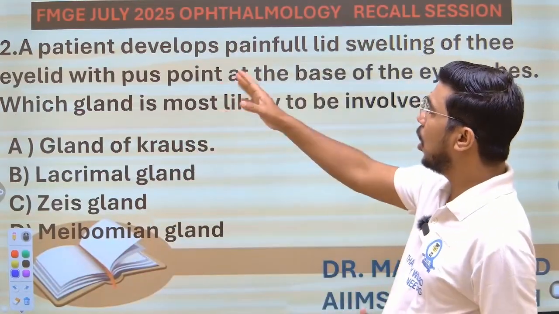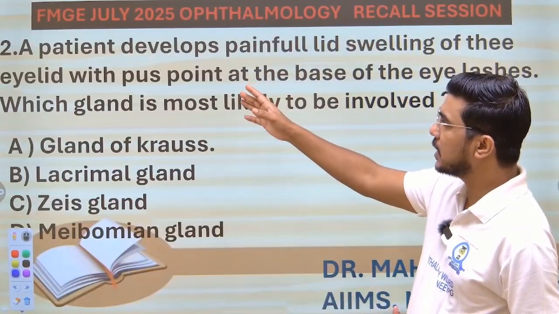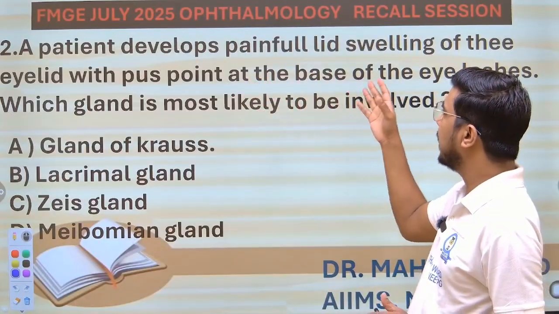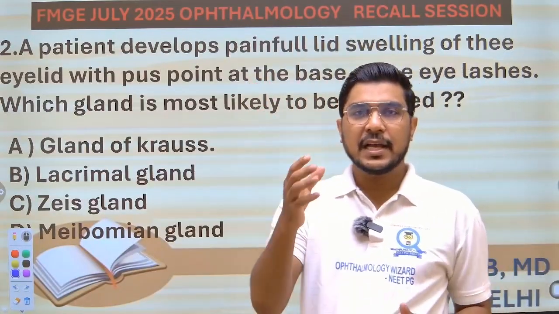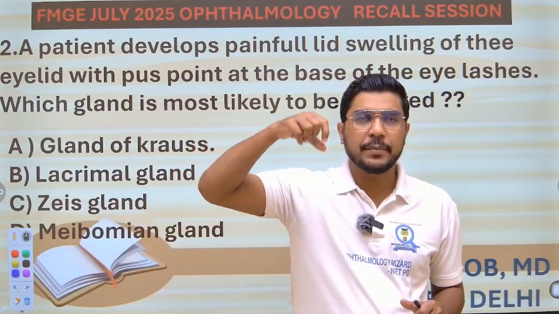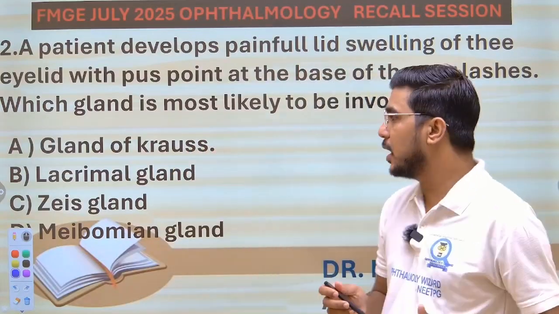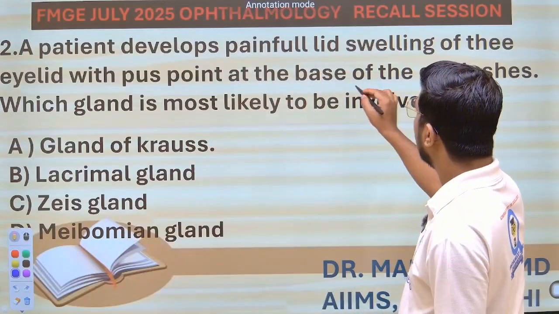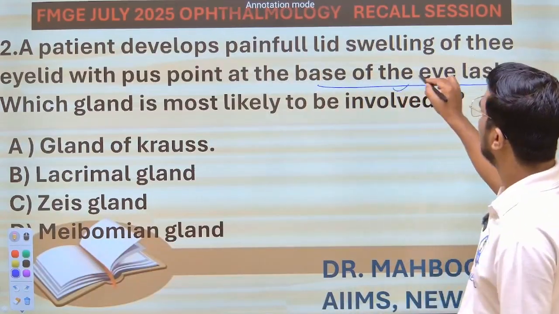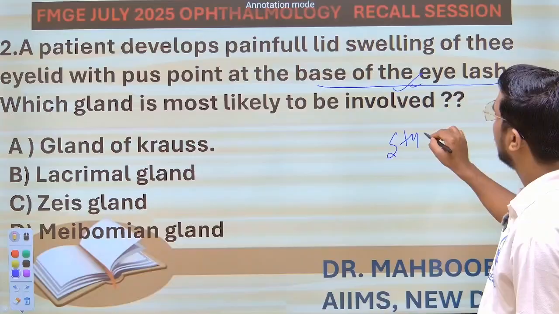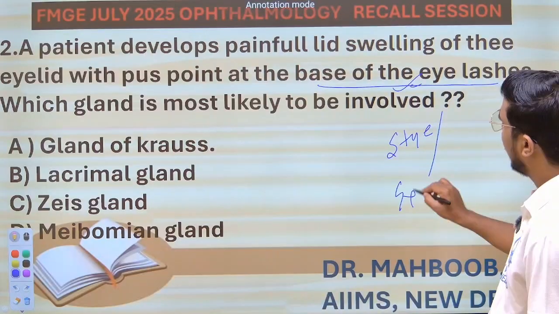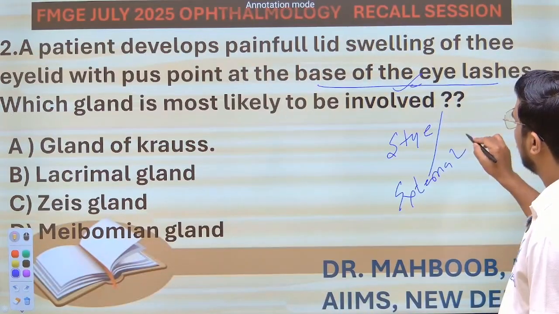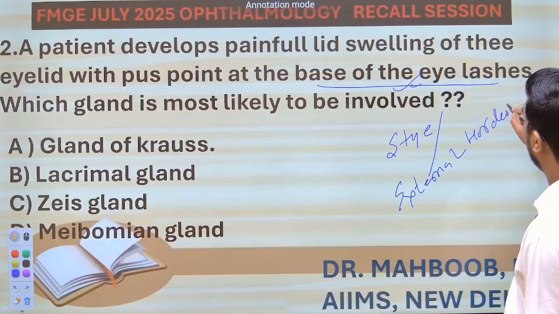So look at the MCQ. What are they asking? The pus point at the base of the eyelashes. Eyelashes के base पे pus point है, which means the diagnosis they are indicating towards is what? They are indicating towards stye, which is also known as external hordeolum.